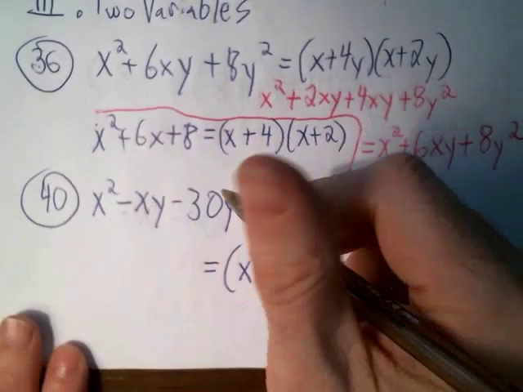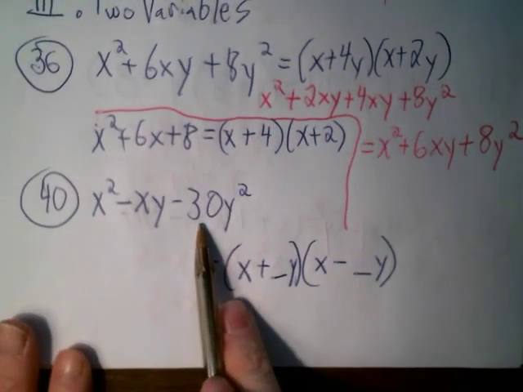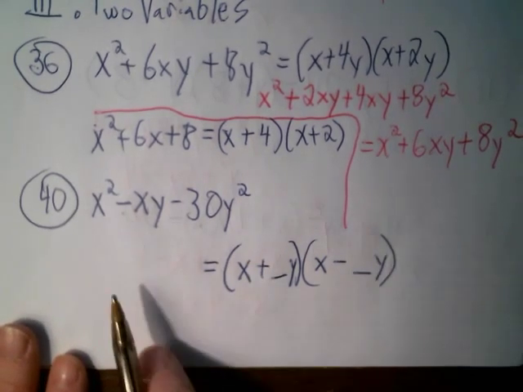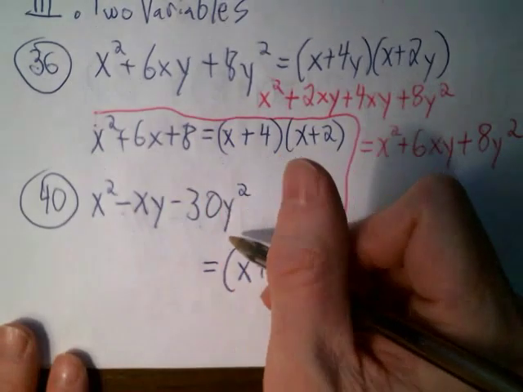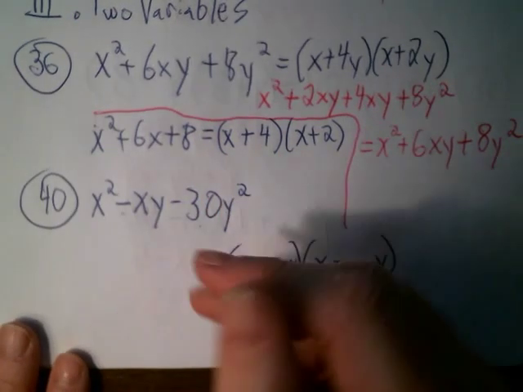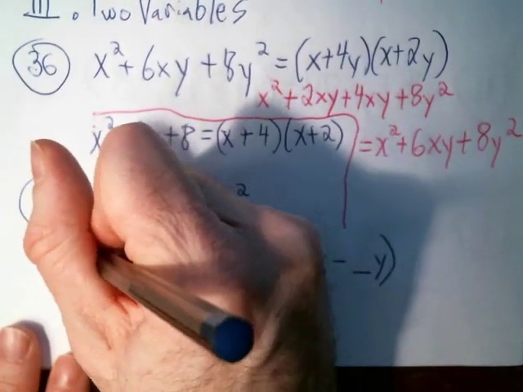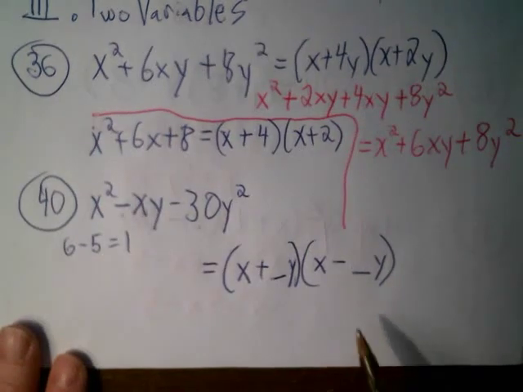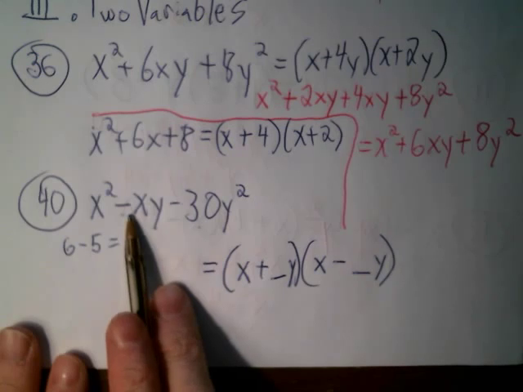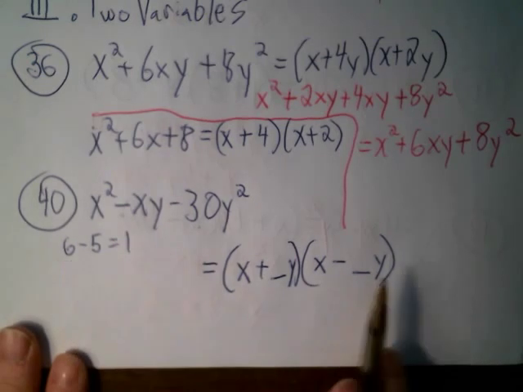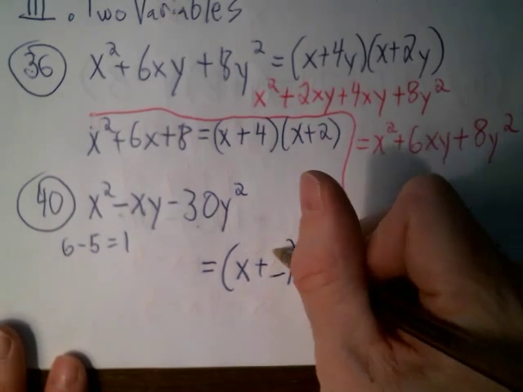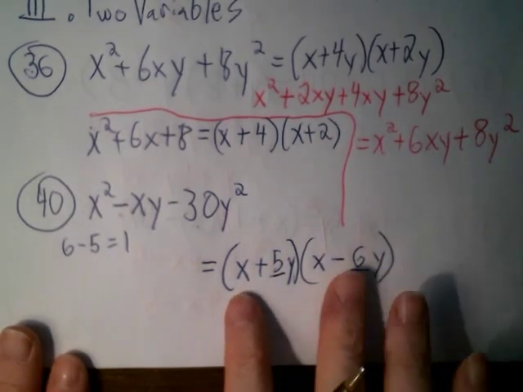So you want two numbers that multiply together to give me 30, but then subtract to give me 1. So you're thinking 3 and 10, that won't work. 5 and 6, that seems like the winner. So the middle term is negative. The bigger number goes with the negative. And again, if you screw that up, it's no big deal. You just change the signs.